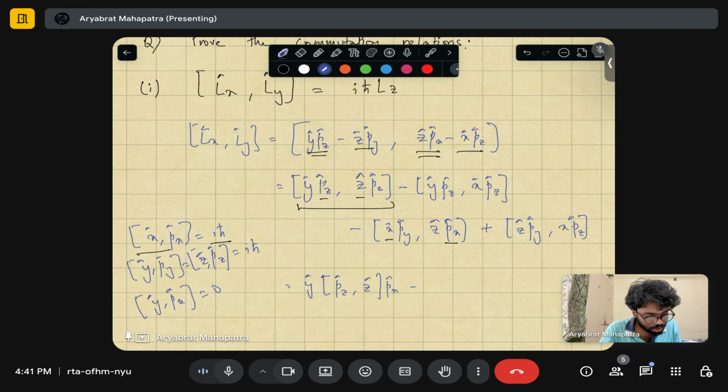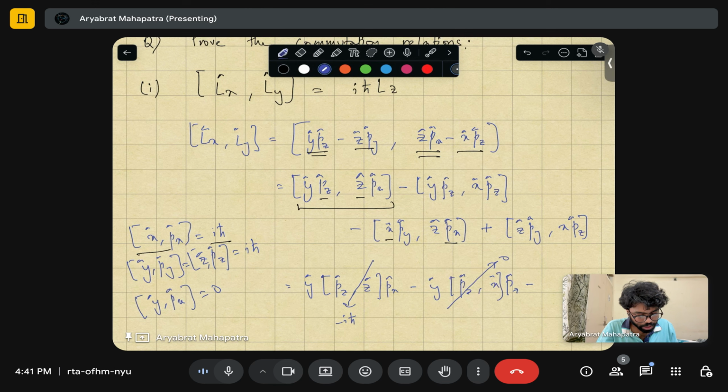Even this thing I can write as y pz x pz, where this is basically zero, and pz and z will give you minus i h bar. And the same way you have minus the third term.